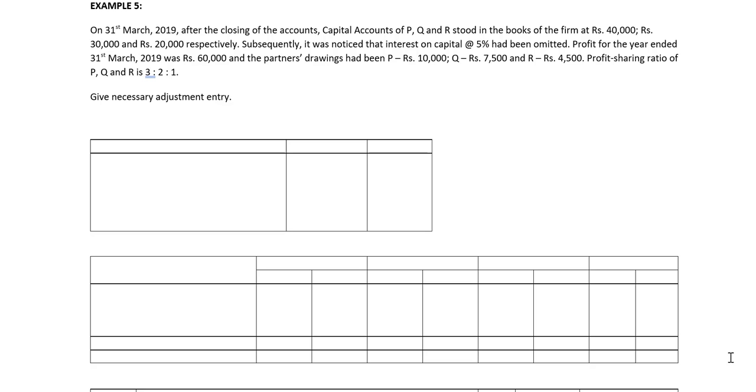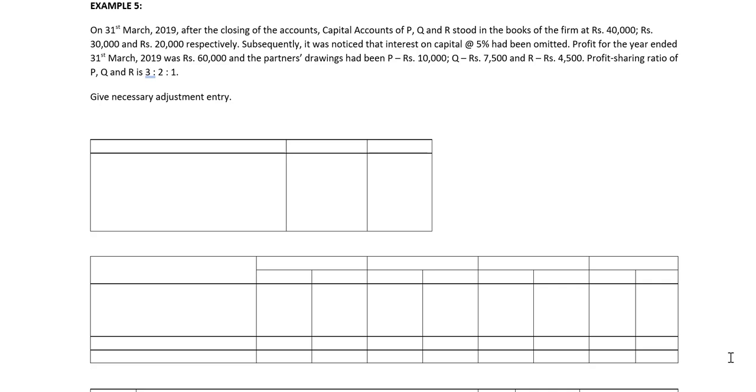Now what sets this problem apart from the previous problems is that we cannot apply 5% interest on the amounts of capital given, 40,000, 30,000 and 20,000, because these are the closing capitals, the capitals at the end of the year, 31st March 2019. So we need to first ascertain the opening capitals of P, Q and R as on 1st April 2018.